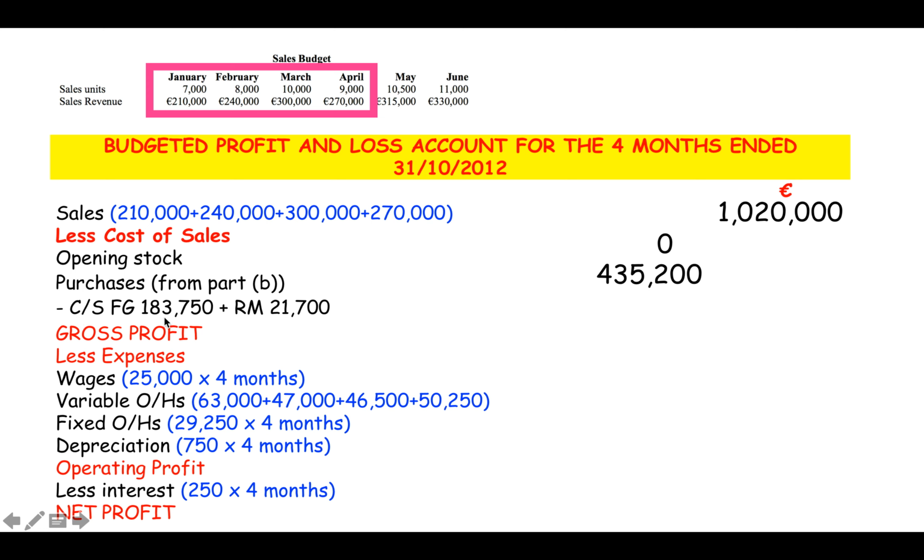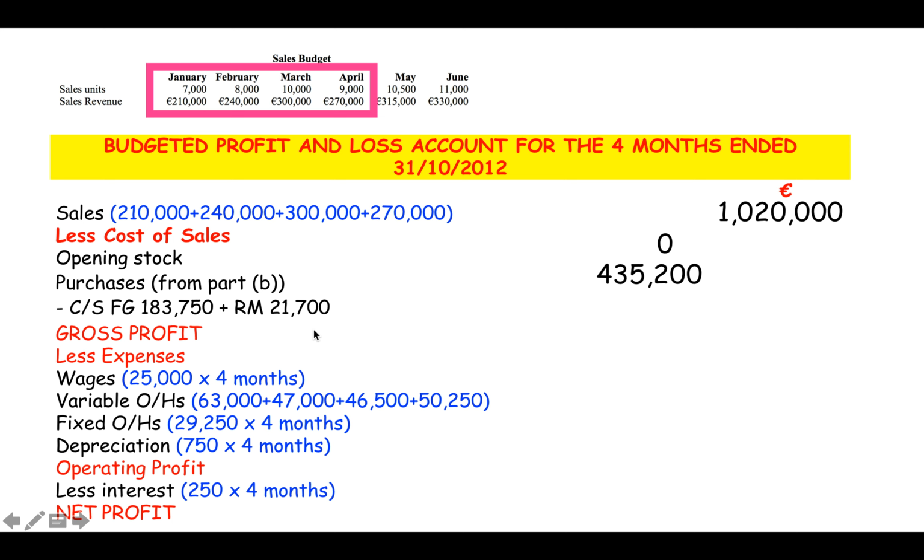Now, how did I get this 183,750? Well, in the question it told me that a unit of finished goods was €25. I'm going to multiply that by 7350. Where did I get 7350? Well, that came from part A, which is my closing stock of finished goods. So 7350 multiplied by 25, and the RM is the raw materials, 21,700.